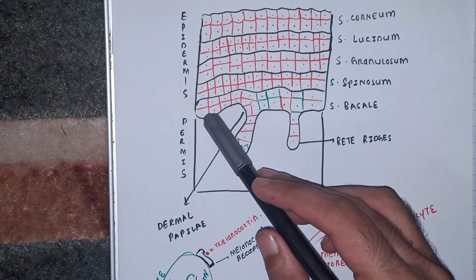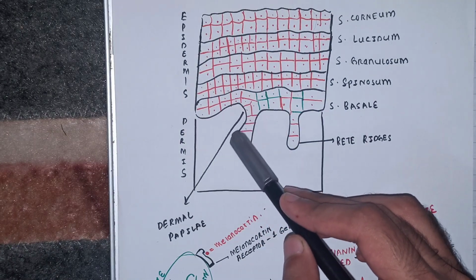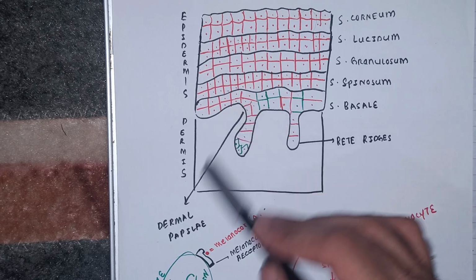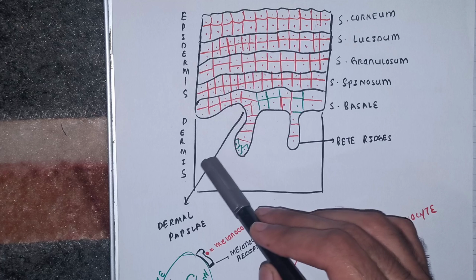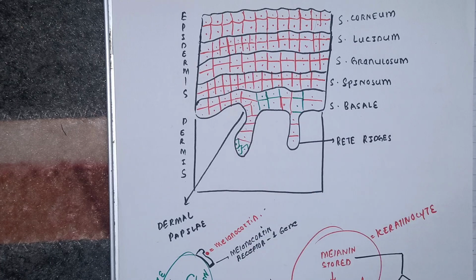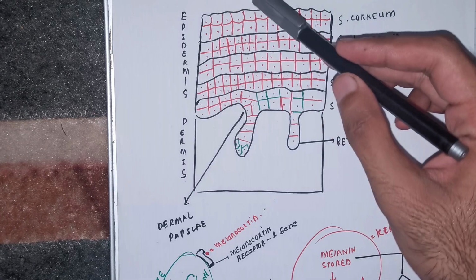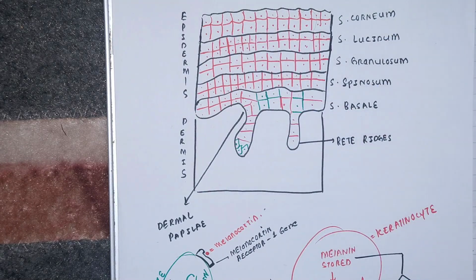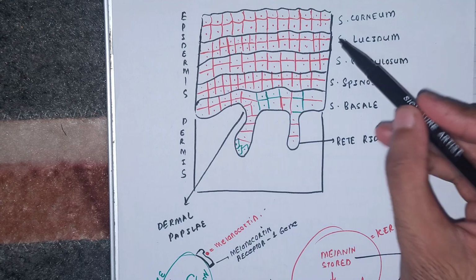Rete ridges. And can you see these structures going into the epidermis? These are dermal papillae, the part of the dermis papillating out. And this entire part is epidermis. Can you see the layers in the epidermis?